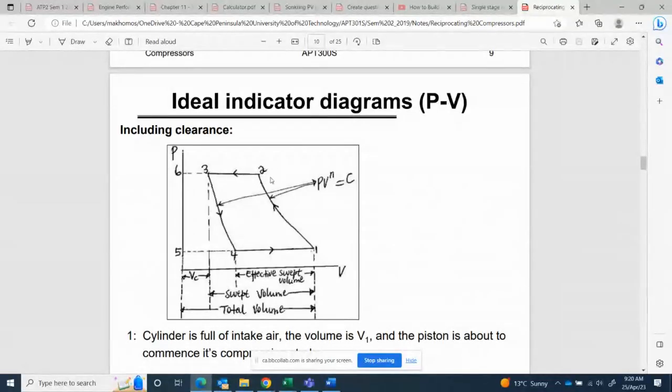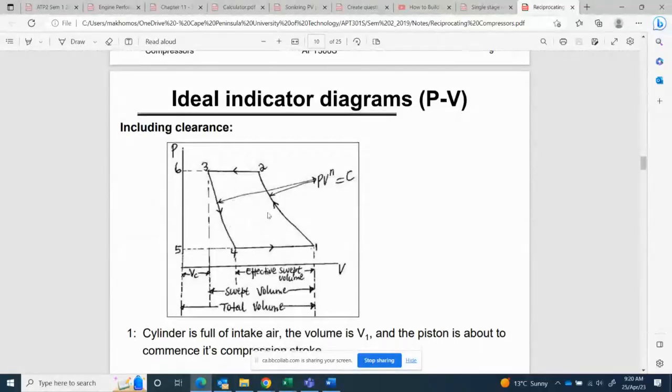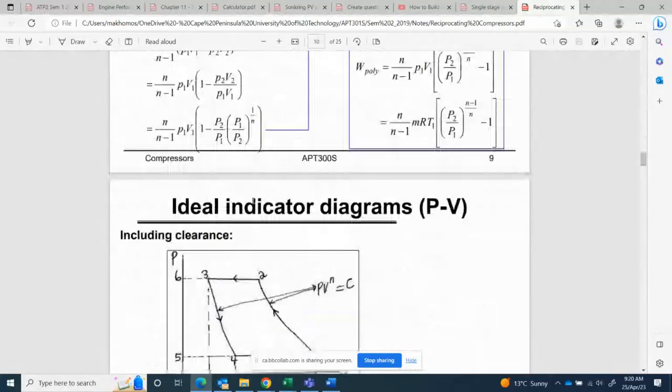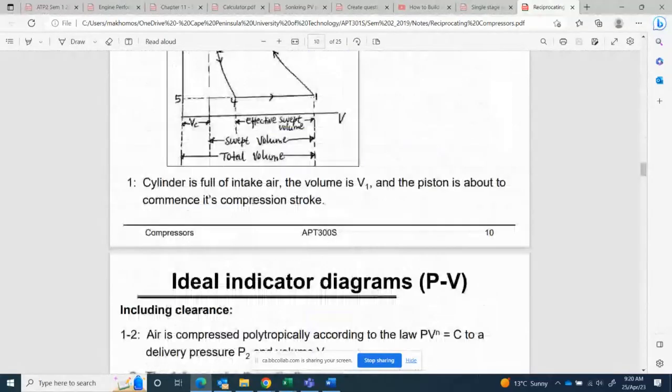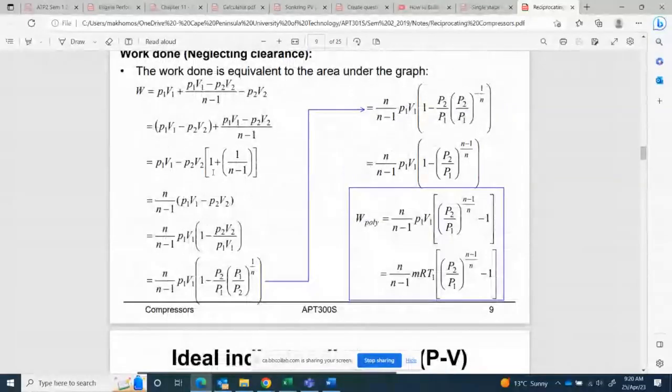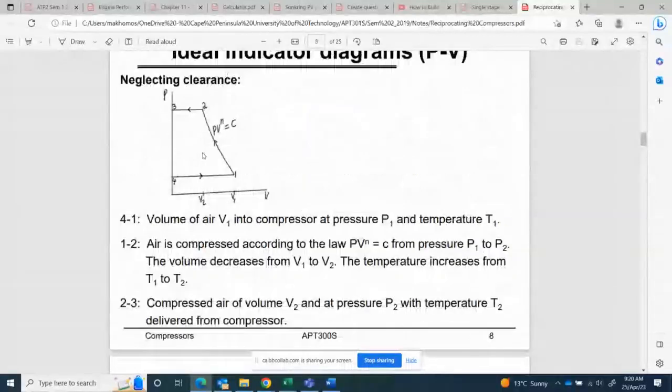So how do we calculate the power? We have to calculate this area here. I think I forgot to explain this formula. This is the formula for the work done, the compressor power, for a compressor without clearance.